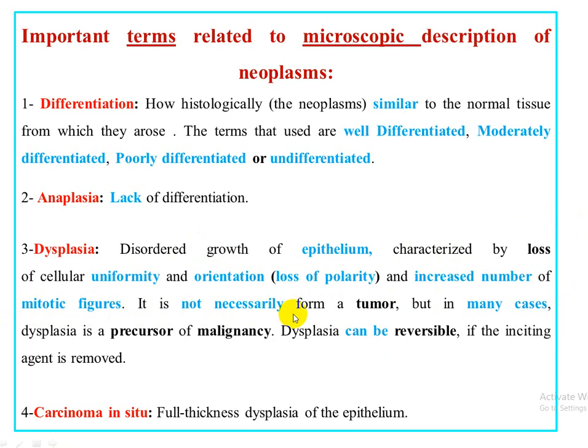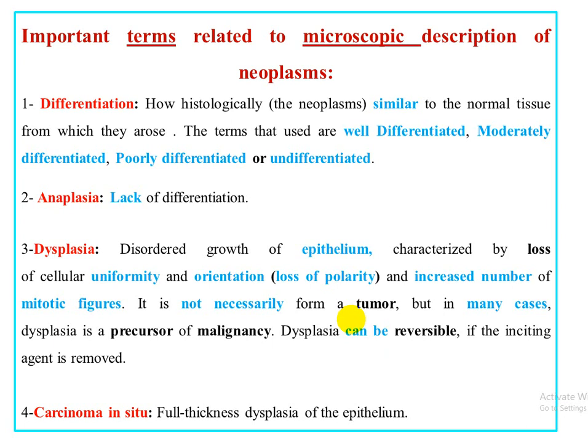It does not necessarily transform to tumors, but in many cases dysplasia is the precursor of malignant tumors. When the inciting agent is removed, the dysplasia may return to a normal state. It is a reversible change.